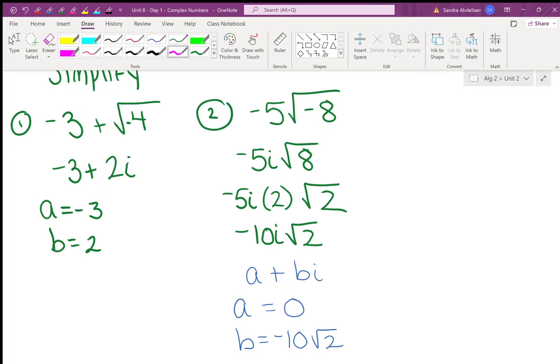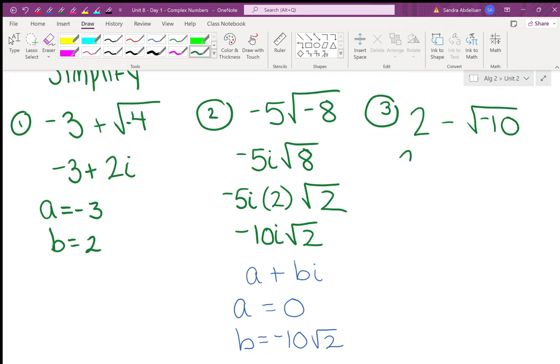I want you to simplify 2 minus the root of negative 10. All right, what do we get here?